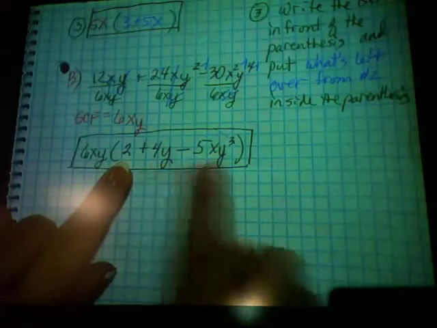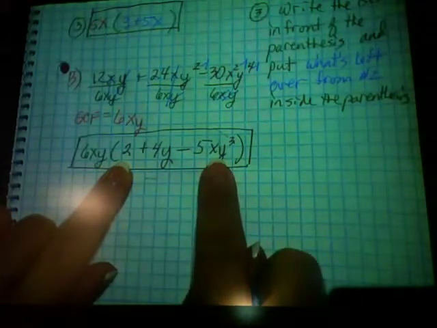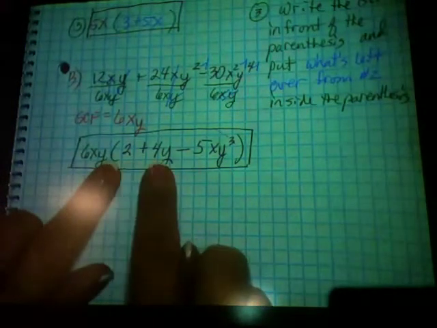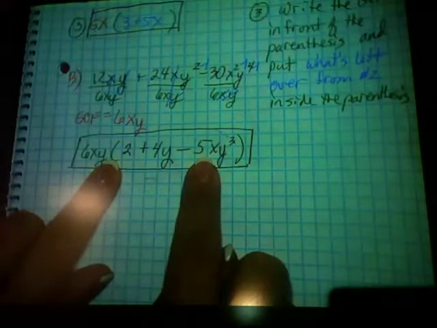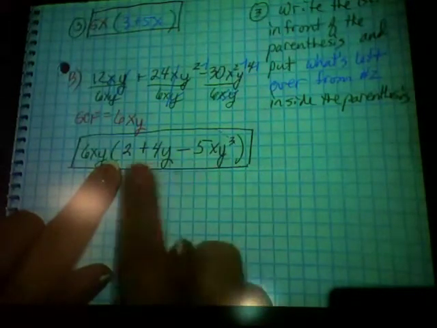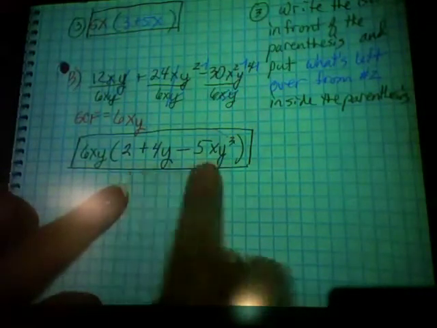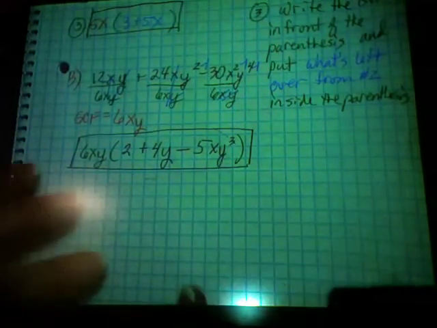So you want to look inside your parentheses and see, did I take out the biggest factor that I could have? Maybe, maybe not. This could have been a 4, an 8, and a 10. So if you look at that and you realize, oh, they're all still divisible by 2, I need to take out another 2, you need to do that. So make sure that you look at what's left in parentheses to see, did I take out enough?